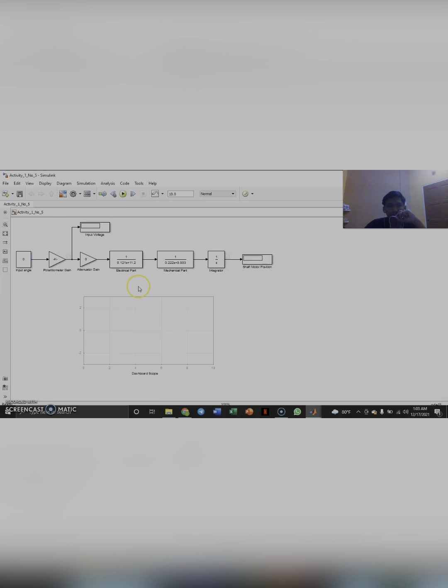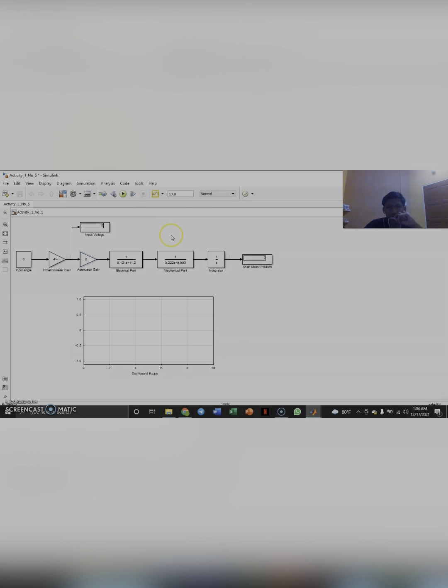At number 5, we set the input angle as the maintained value and we change the attenuator gain value from 0 until 10. Let's see the input voltage and the shaft motor position and what will happen to the system. At 0, the input voltage is 0 and shaft motor position is also 0. At attenuator gain 1, also 0 volt.